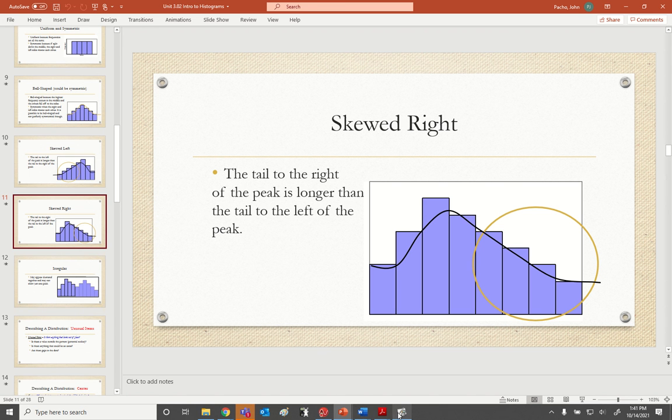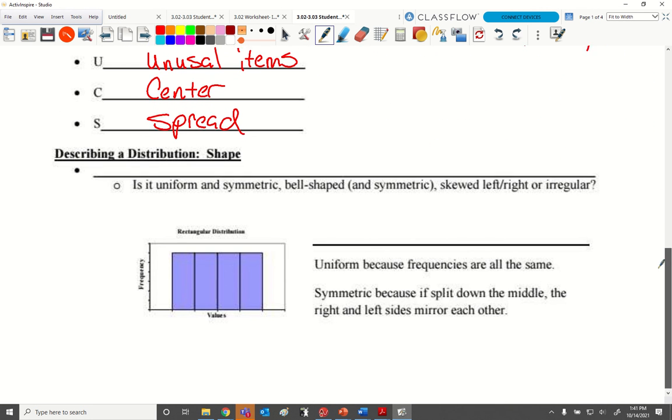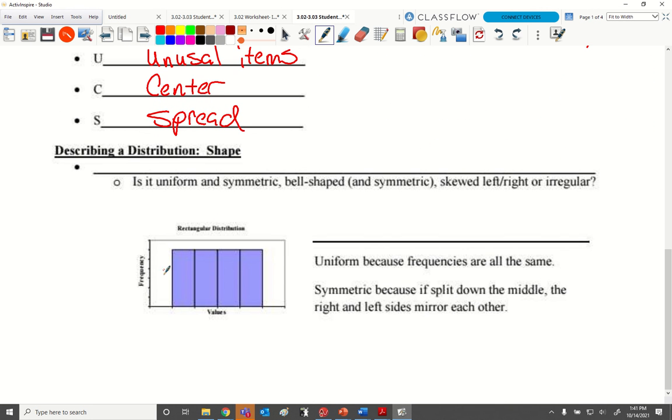All right, so let's take a look at this. So we talked about these, okay, talked about distribution of a shape. Here is this one is uniform. Okay, if you notice, whenever it's uniform, you can look at it like this because it's also going to be symmetric. Draw a line down the middle. That's the easiest key to help me do this.